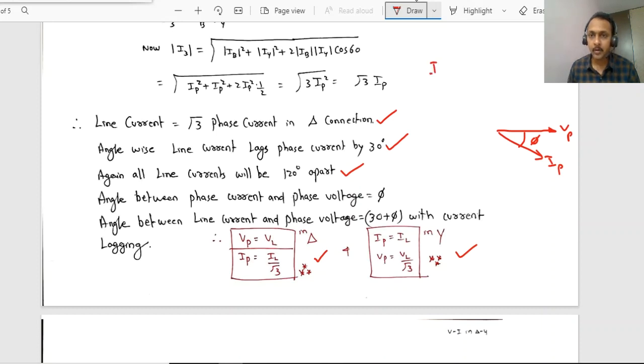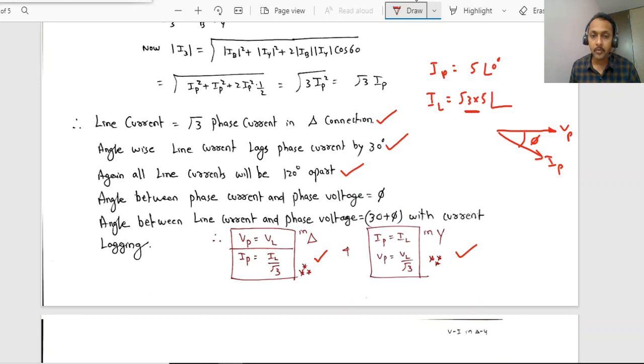For example, if I write I phase equals 5 at an angle 0, then what will be the line current? Magnitude wise, you are familiar. Line current will be how much? Root 3 times phase current 5. But what will be the angle?